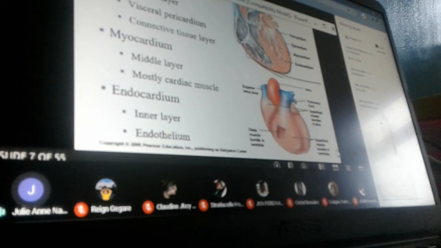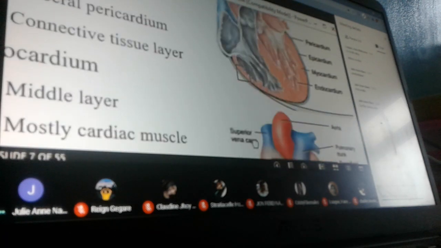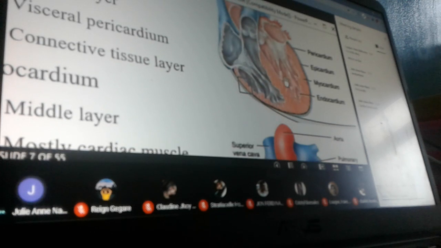So sa loob pa nun, yung inner layer natin, we have the endocardium. So the endocardium, yung nasa loob, okay, it covers the valves, yung mga valves natin. Ito sila yung mga valves.